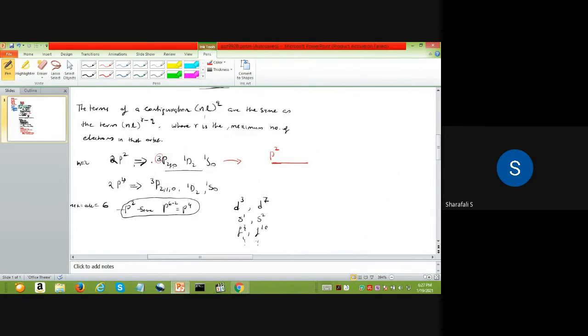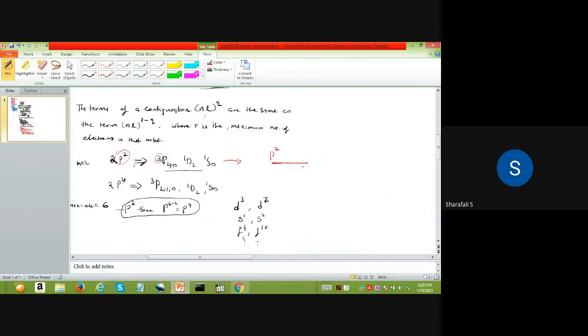So next, if this P orbit is less than half filled, then we take the lowest J value as the lowest. If it is more than half filled, then we take the highest J value as lowest. In this case, P has 2 electrons, which is less than 3, so it is less than half filled.